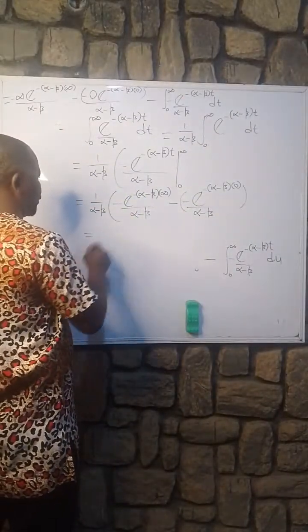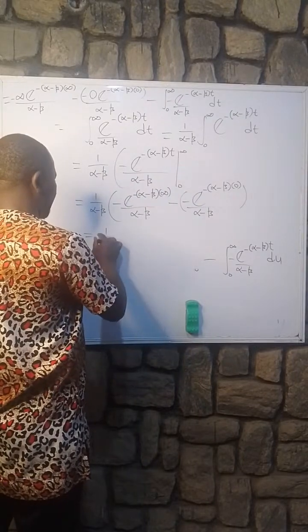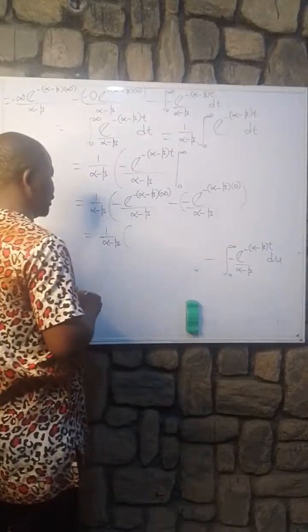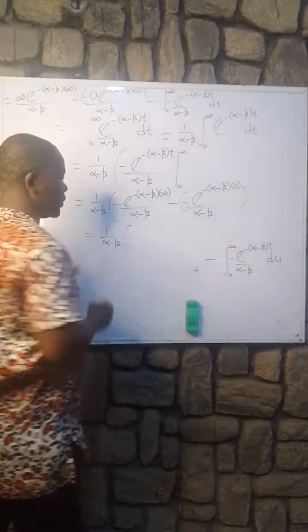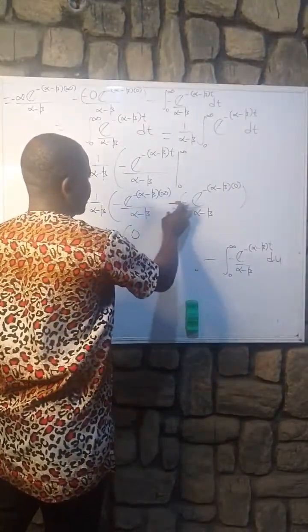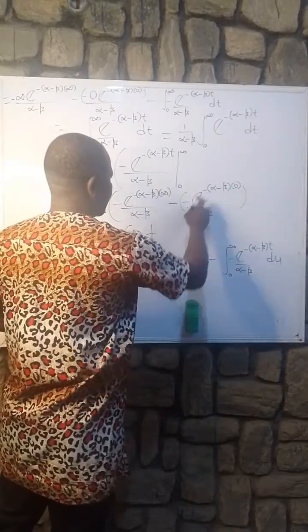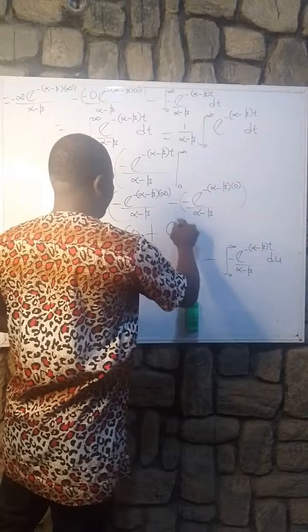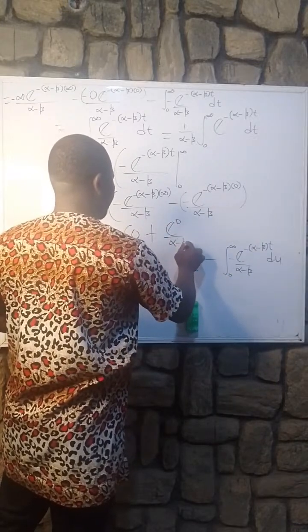This is equal to 1 all over alpha minus beta, open bracket, here will be 0 because minus times 0 is 0, right? Then minus times minus is plus, here will be 0. So exponential 0 all over alpha minus beta.